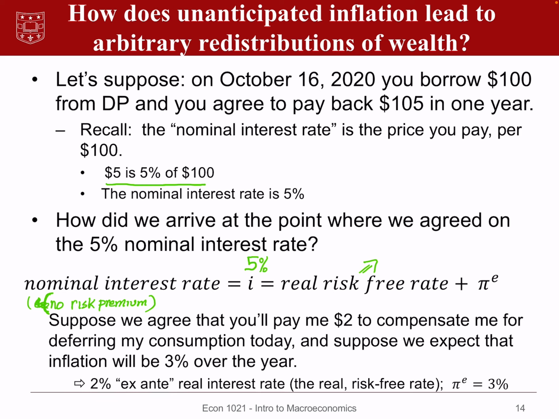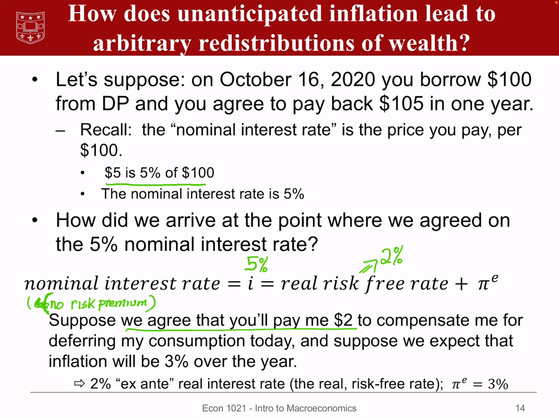Suppose that we agree that you're going to pay me $2 to compensate me for deferring my consumption today. Or in other words, you're going to pay me $2 so that you can have consumption today. In other words, you're going to get the $100. In that particular case, we're going to think about this risk-free rate as being 2%.